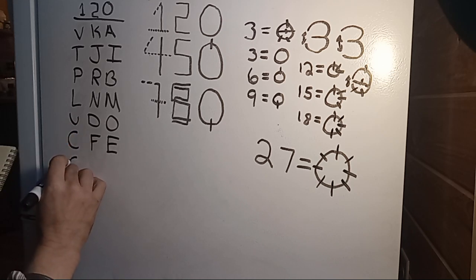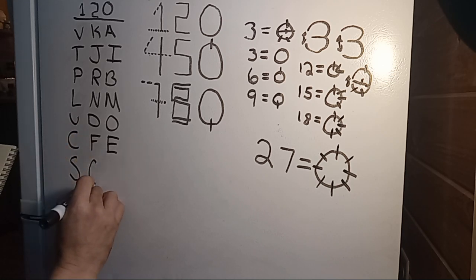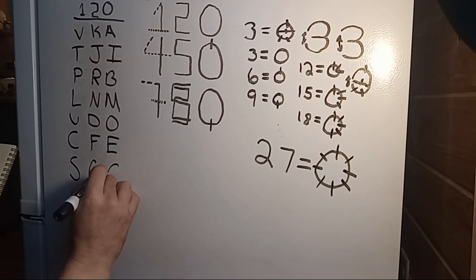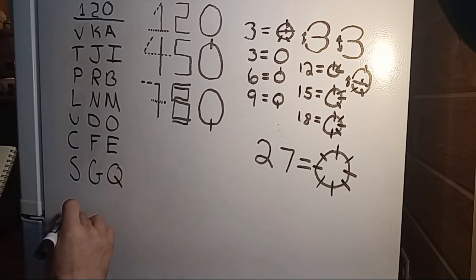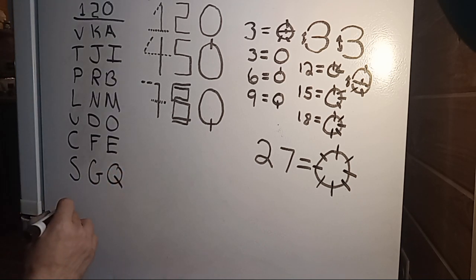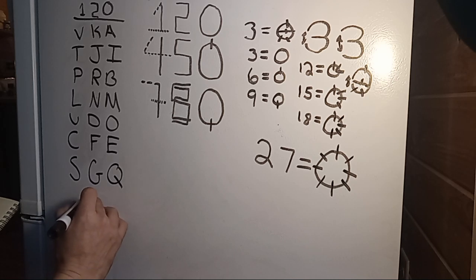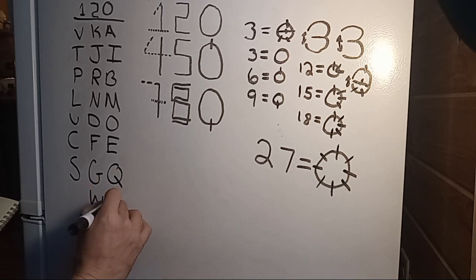So at the very end, we get an S, a G, which is a variation of an S, and a Q. And this at the end is very interesting because we get two letters at the end and the missing one. In this scenario, we get a W and an I.